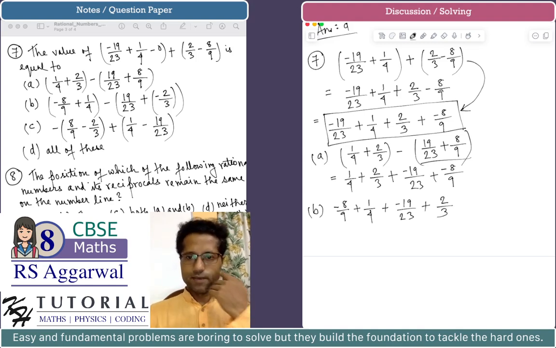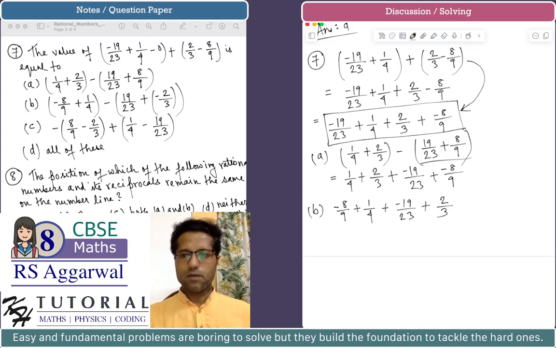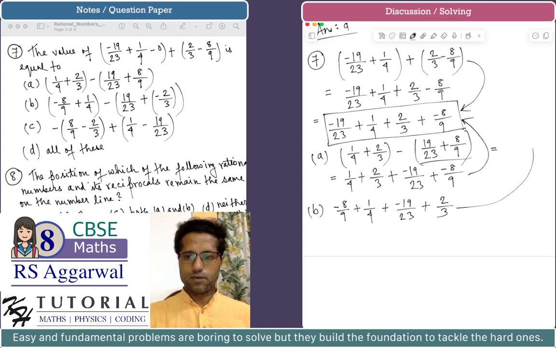So this is also the same. Sorry for my weird way of explanation, but I hope you are getting the point. So we can see choices A and B are both correct.